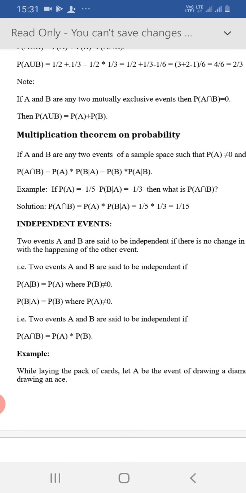That is, the two events A and B are said to be independent if P(A upon B) is equal to P(A), where P(B) is not equal to 0, and P(B upon A) is equal to P(B), where P(A) is not equal to 0. That is, two events A and B are independent if P(A intersection B) is equal to P(A) into P(B).